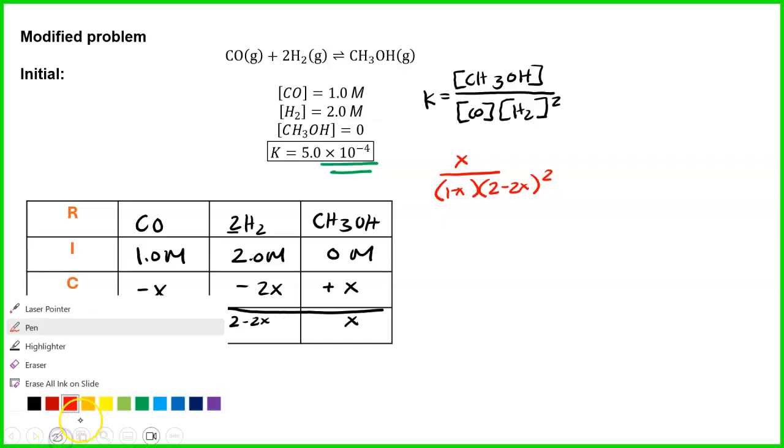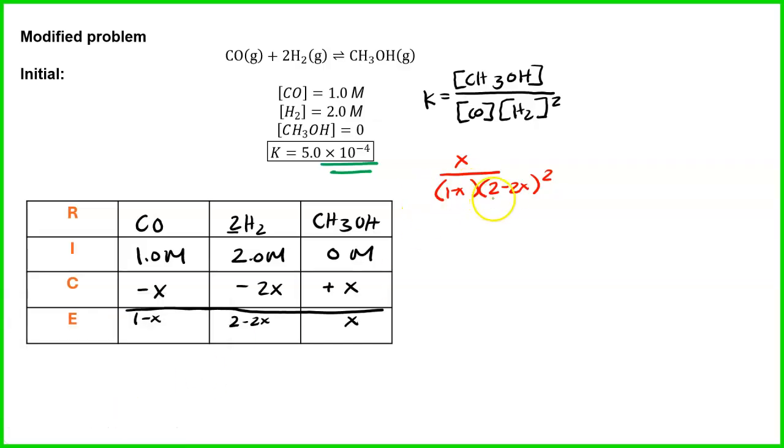Similarly to the last question, I'm able to simplify the bottom here by factoring out a 2, so that I'm left with 1 minus x. Don't forget to square that 2 that we took out, and that 1 minus x is squared as well. When I simplify, I'll have x over 1 minus x to the third power, because there's 3 of those, and then I'll have 4 on the outside of the parentheses.